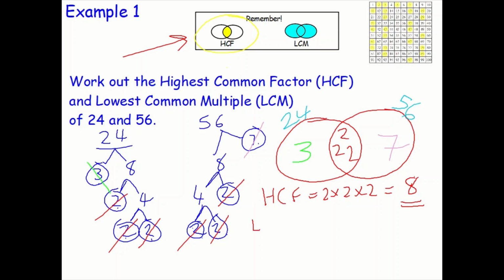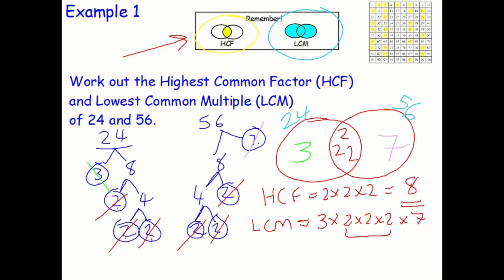My LCM, lowest common multiple, is, as you can see up here, the whole of the Venn diagram is coloured in, which means I need to multiply all of my numbers, including the ones in the overlap. So the 3, multiplied by 2, multiplied by 2, these are the bits in the overlap, and that 7 on the right-hand side, so all of them.